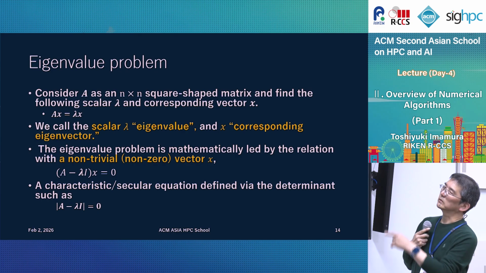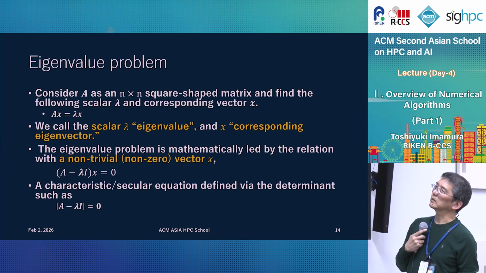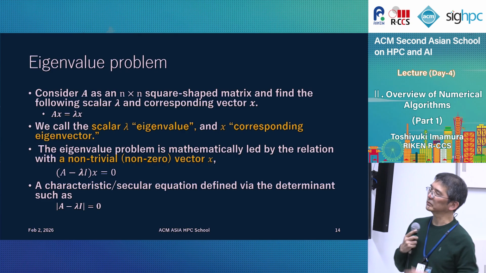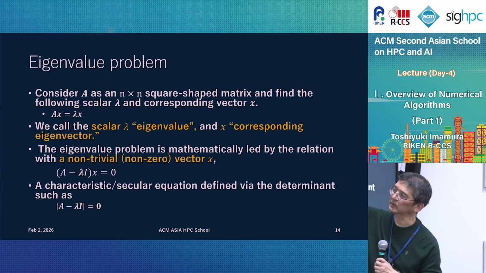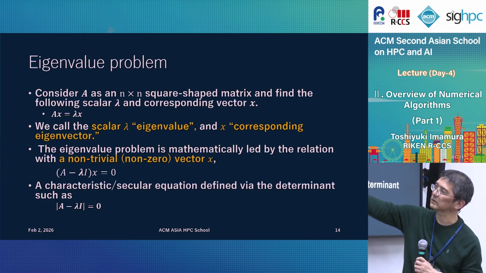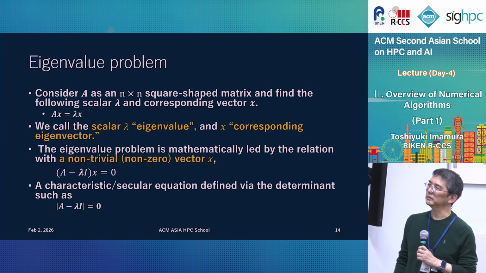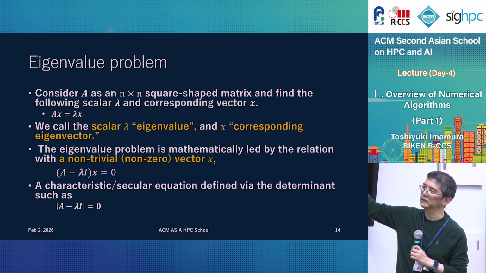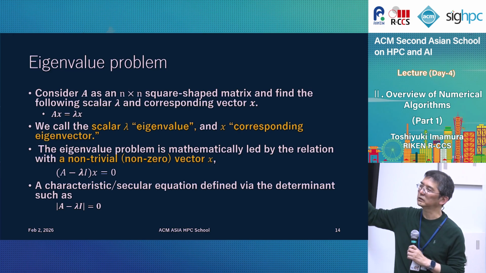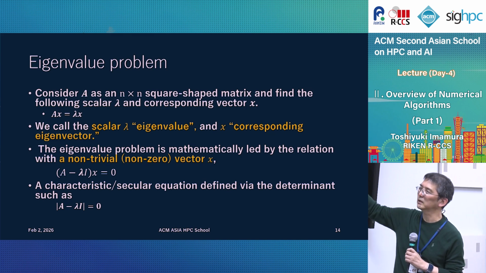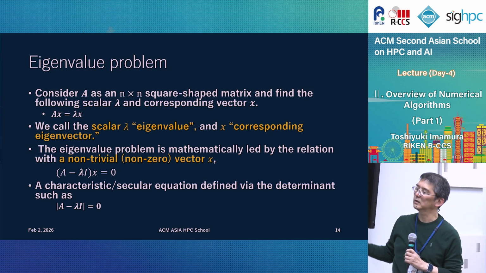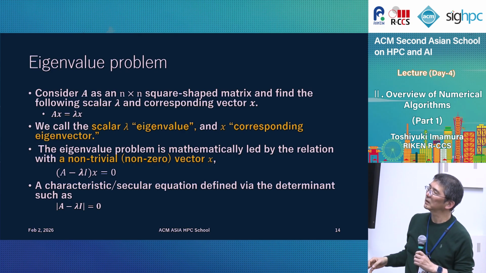We have another formulation, like A minus lambda I. Capital I is the trivial identity matrix: only the diagonal part is 1, and all other matrix elements are 0.